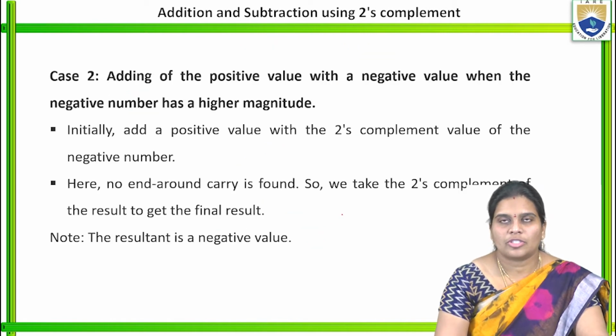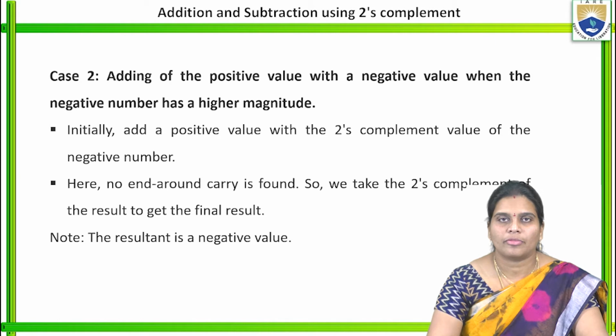Next, addition of a positive value with a negative value when the negative number has a higher magnitude. This means we are subtracting the greater number from the smaller number. Subtracting means that in the complements we add these two bits. Here we apply the same procedure. In the first step, apply the twos complement of that particular binary value.